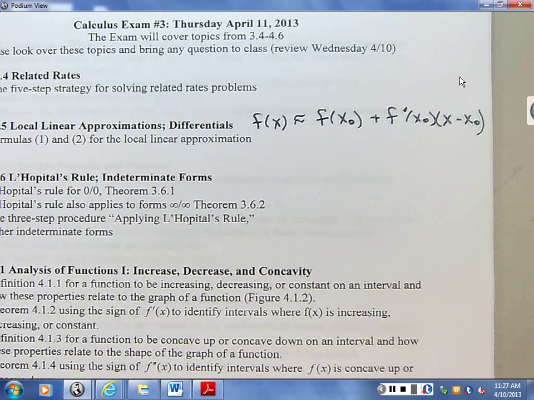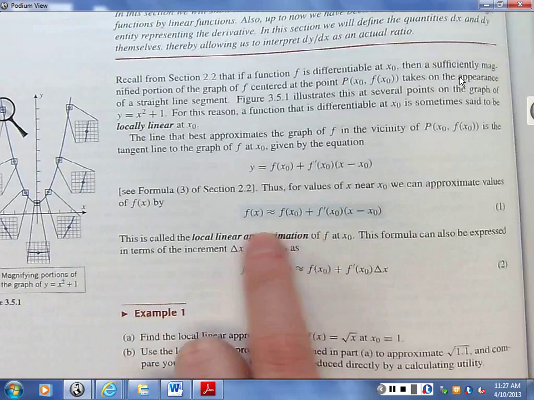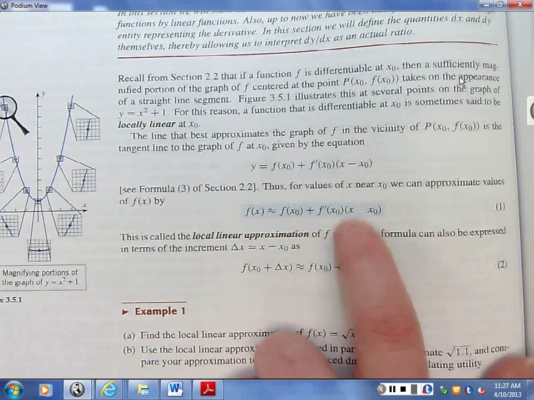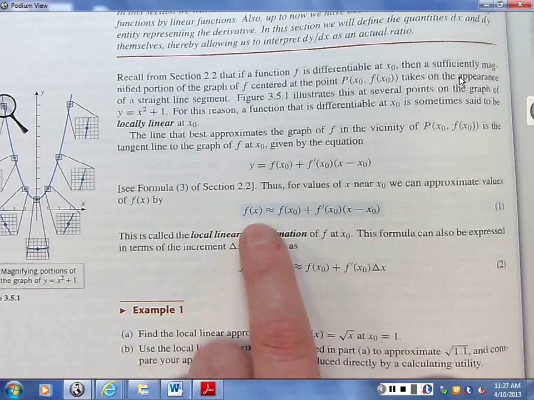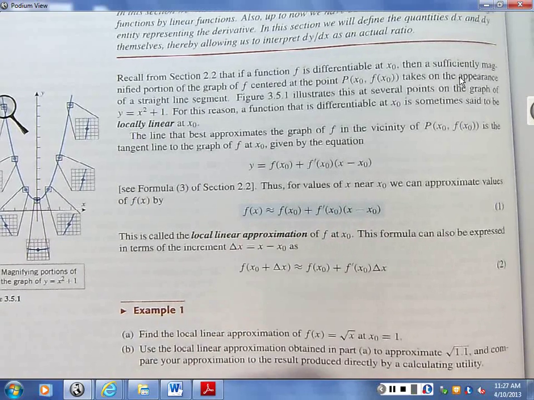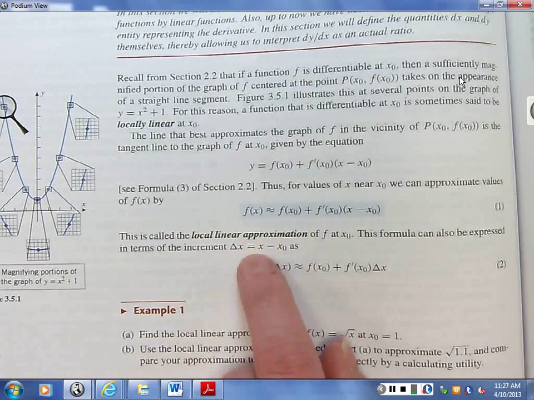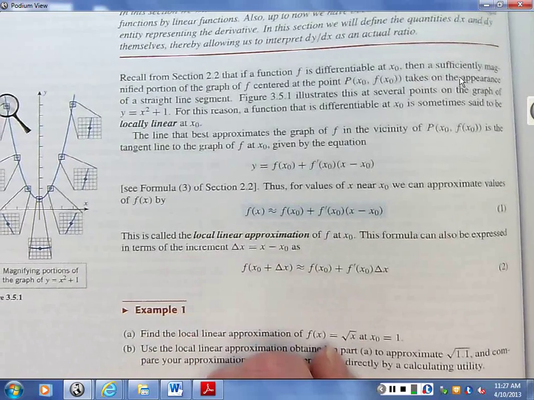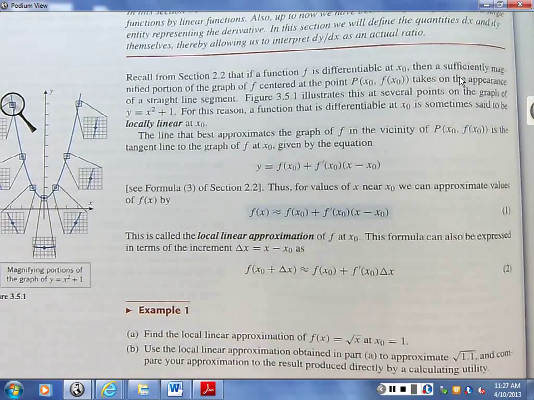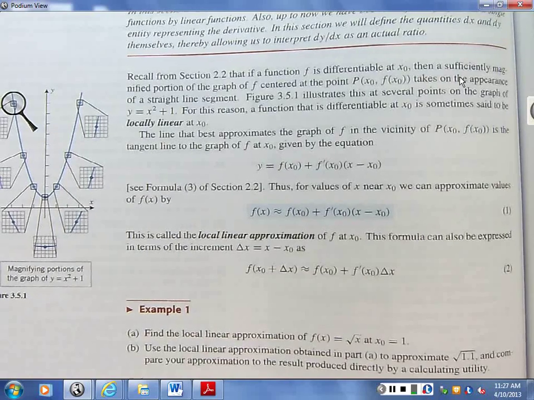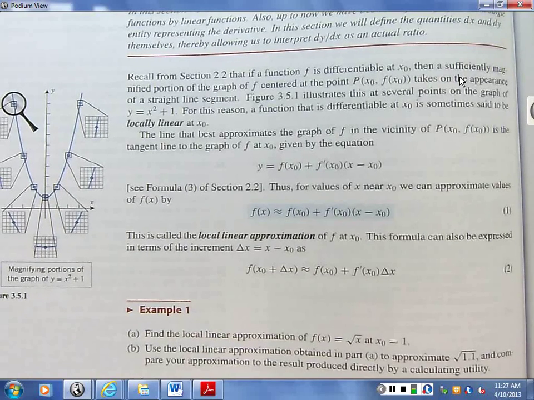So yeah, the book on this local linear approximation gives you this function, and that comes straight from the book. I'm approximating it, and it's x minus x naught. Your f of x naught times that negative. So that's just going to be a smaller number than your x naught, I think, and not necessarily, it could be larger.